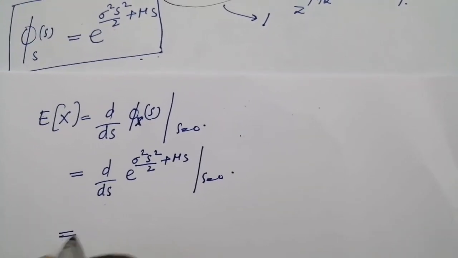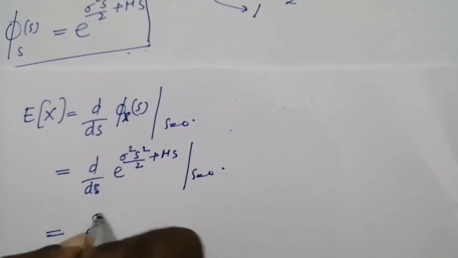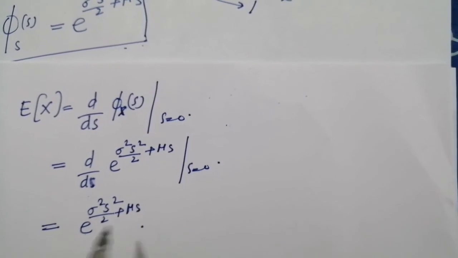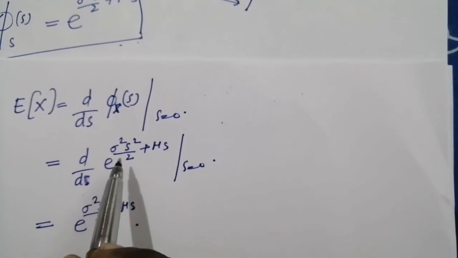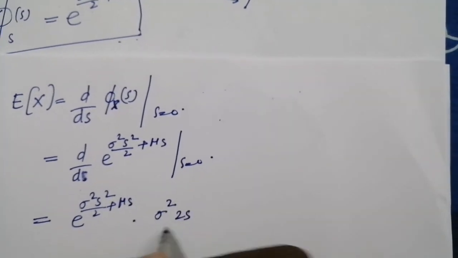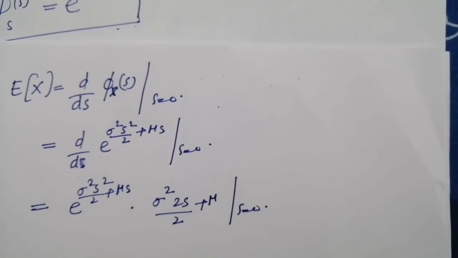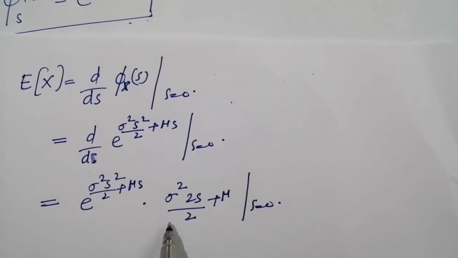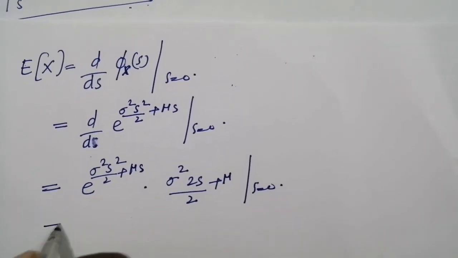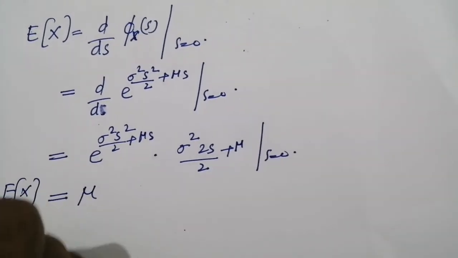After differentiating this function, we get e raised to sigma square s square by 2 plus mu s, into the differential of this thing, which is sigma square 2s by 2 plus mu, and put s equal to 0. When s equal to 0, this term will be 0 and this term will be 1. So what is left is mu. So the mean value of x is mu.